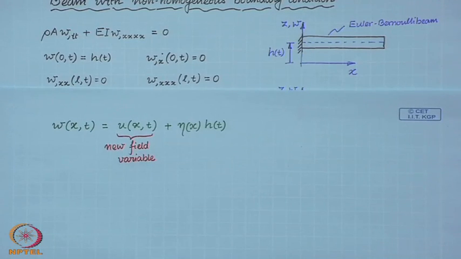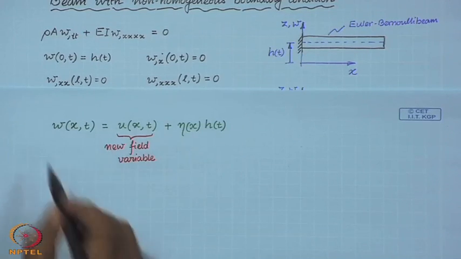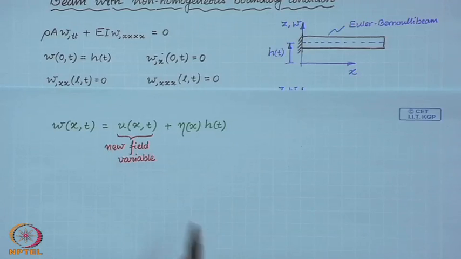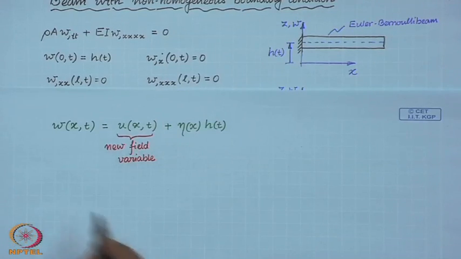So, this is an unknown function. Now, let us use this transformation in the boundary conditions.